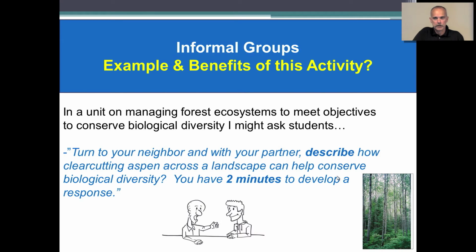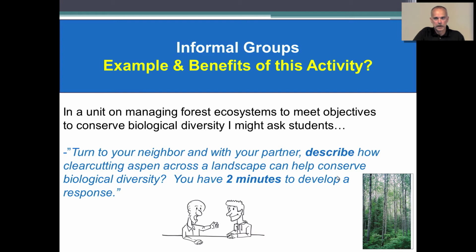By this point in the class, we've talked about clear-cutting, we've talked about biological diversity, and they know something about aspen as a species and its ecology. There are two very important parts to the instructions I've given students.